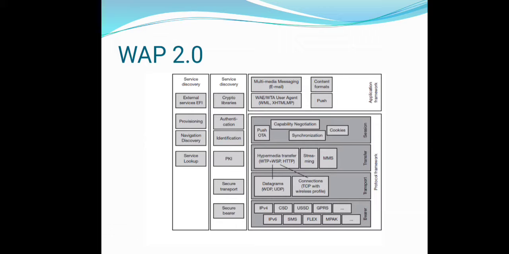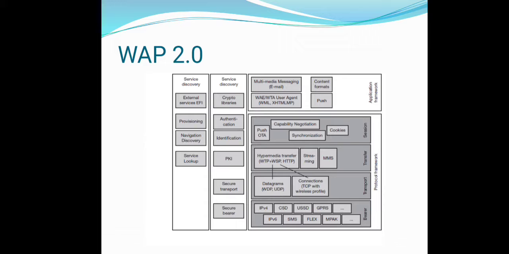This figure gives an overview of the WAP 2.0 architecture, which was specified by the Wireless Application Forum in 2001.